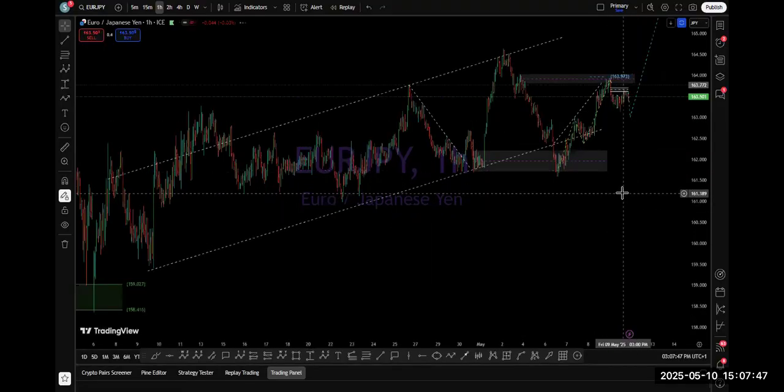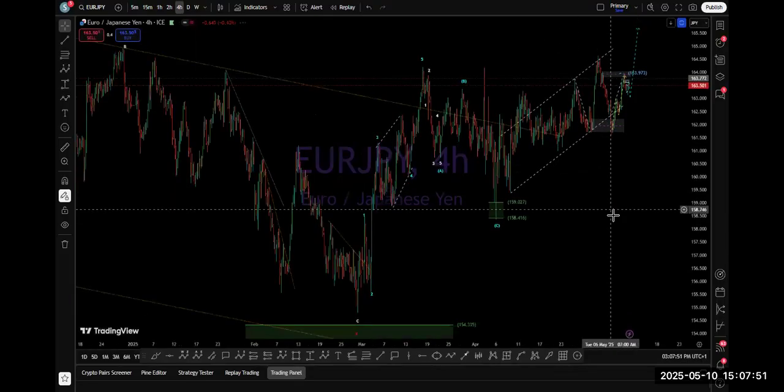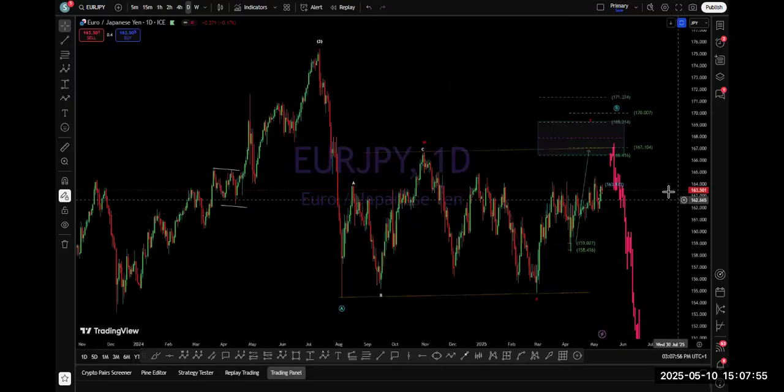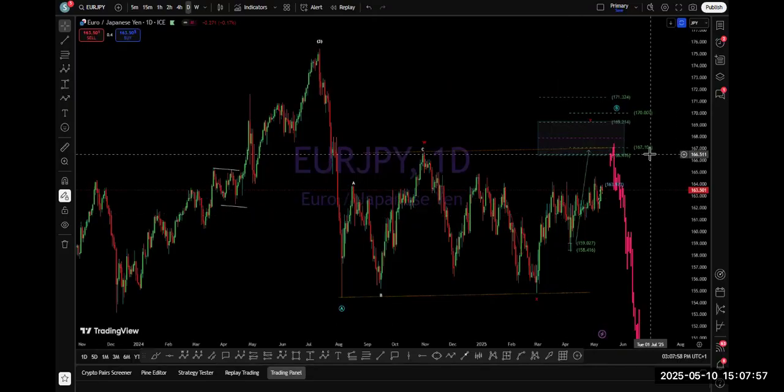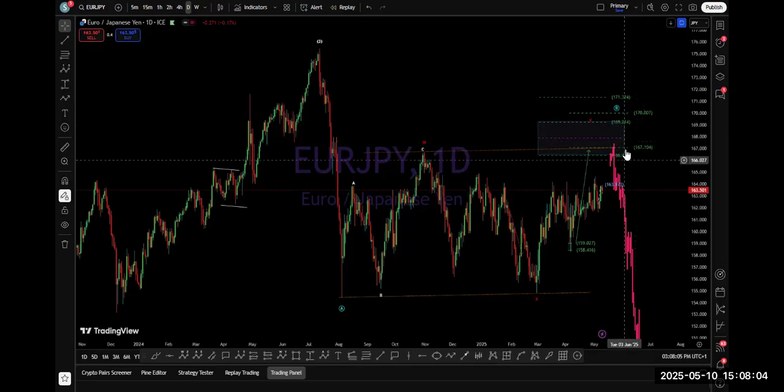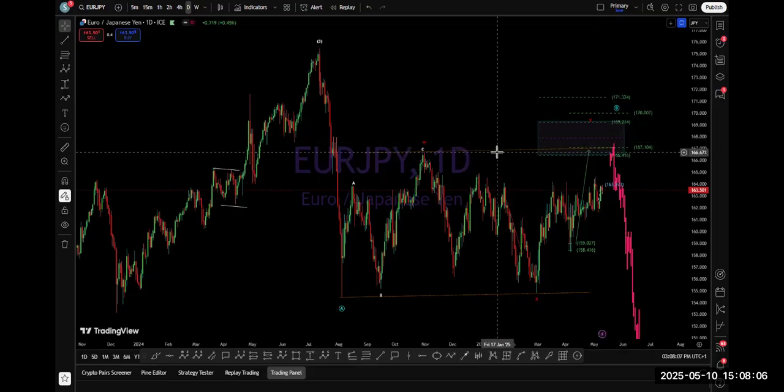USDJPY, let me show you 4 hours. Okay, let me show you daily. Well, daily is where we are. Our target on this one is 166, 167, 168, 169, even 170. So this is our target, this channel. 167.2 is our target.